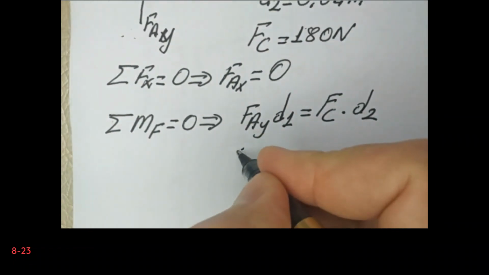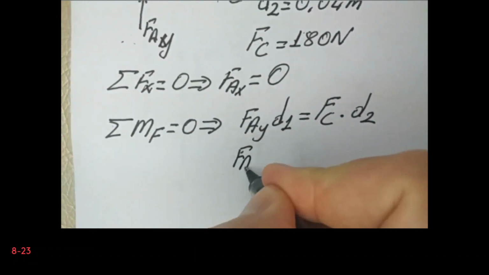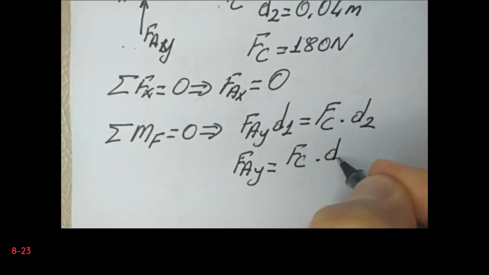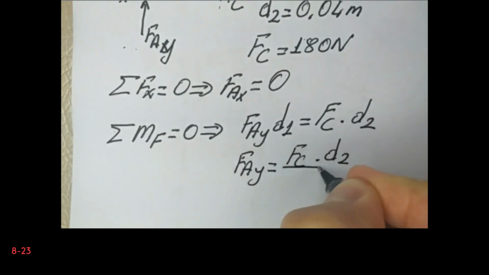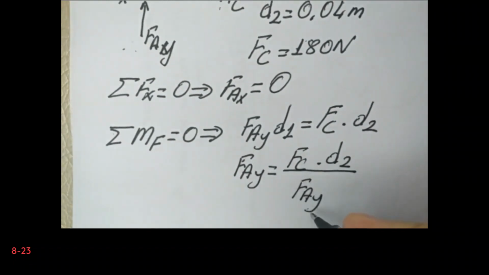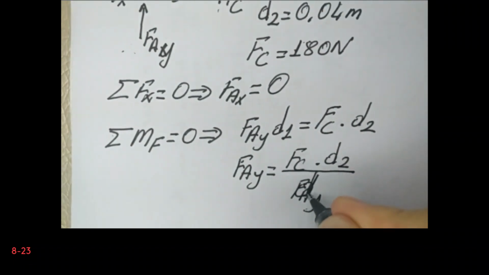Fay is equal to Fc multiplied by D2 divided by D1.